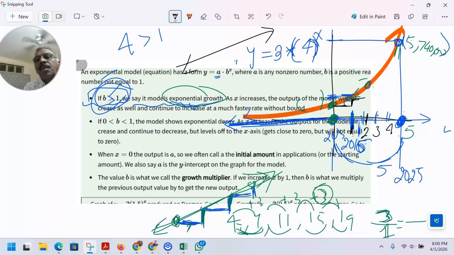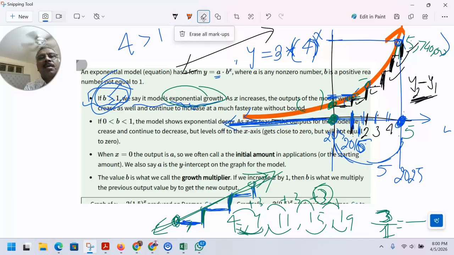So 1 to 2, little higher, and 2 to 3 more higher, 3 to 4 more higher, and then more higher. So this part is bigger than this, this part is bigger than this, this part is bigger than this. So they go on increasing, these heights, the outputs, the difference in the y's, y2 minus y1. This doesn't remain the same all the time. It changes. So when we do the problems, you'll understand what I'm talking about.